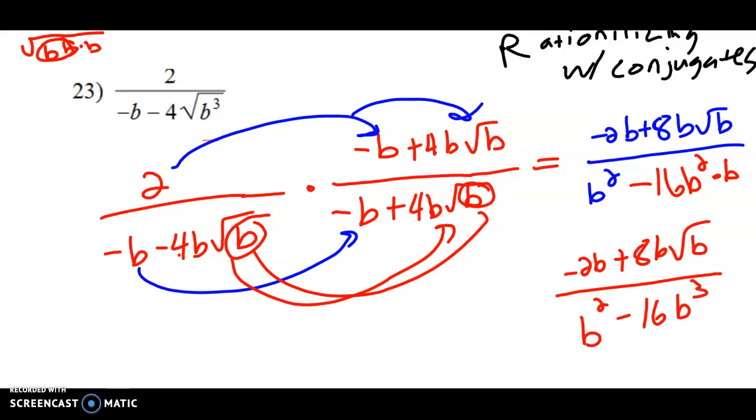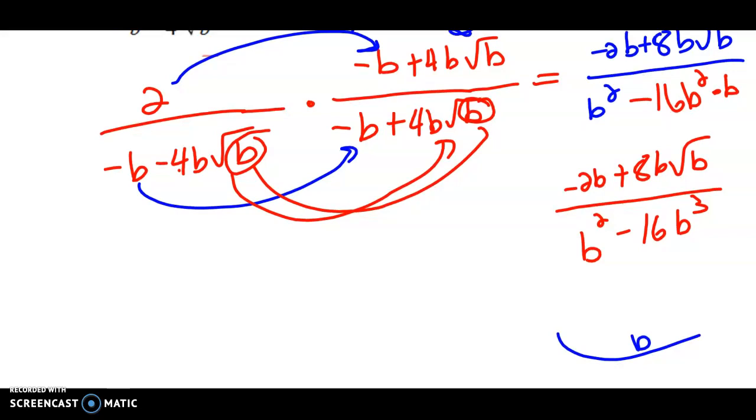Now, I need to simplify. We are almost done here, but we have to simplify. We're going to notice there's a 2 in common in the top, and there's a b in common in the top, in the numerator. But in our denominator, we have a b squared in common on the bottom.